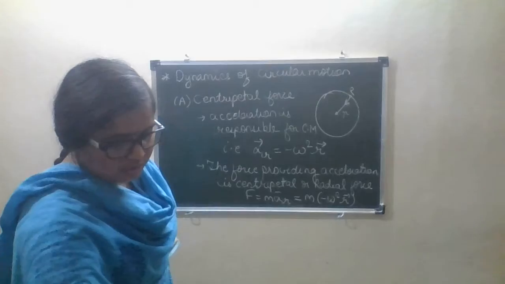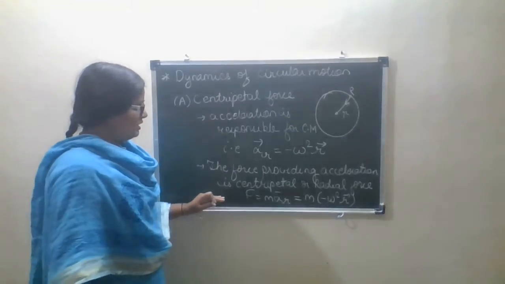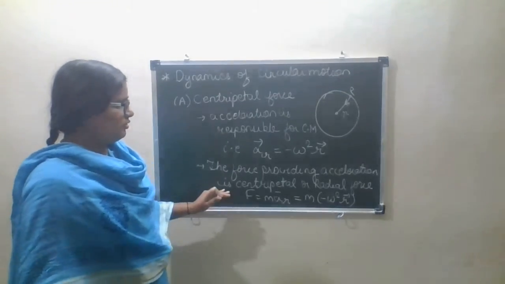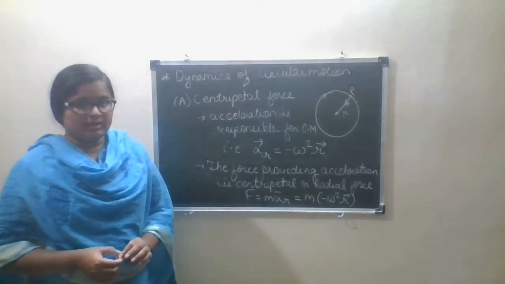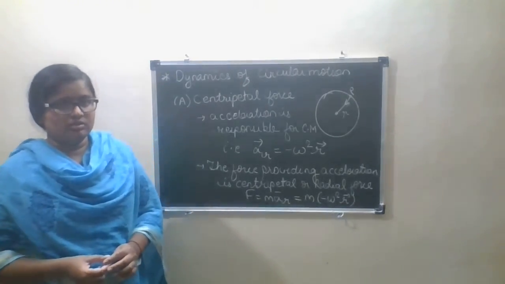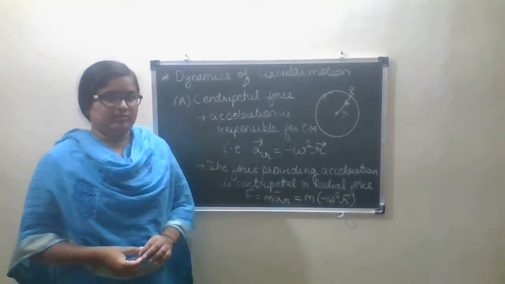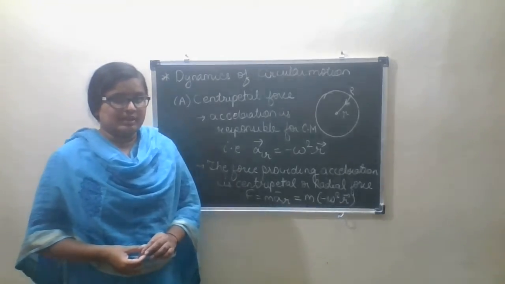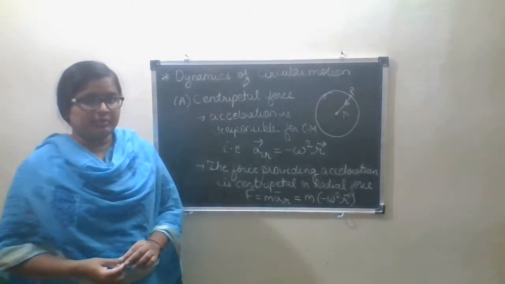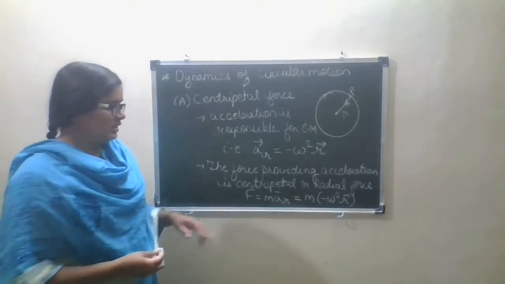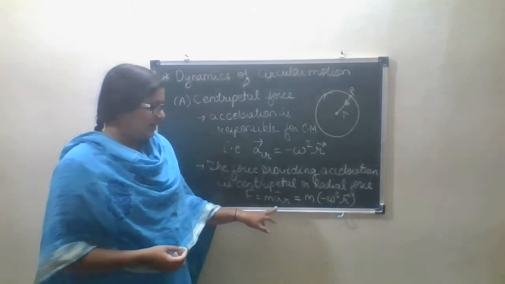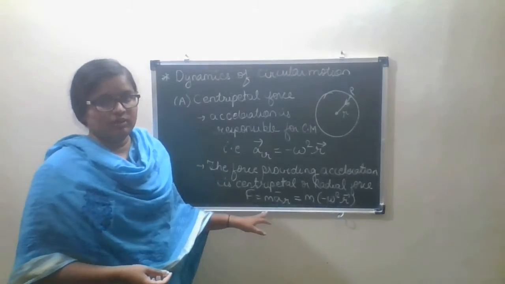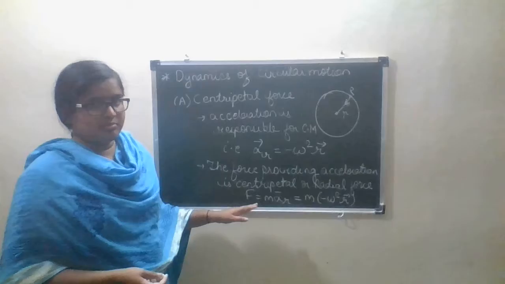Now this is also called the centripetal force. By Newton's second law, F is equal to ma. Here we will take the radial acceleration, and substitute its value while finding the centripetal force.